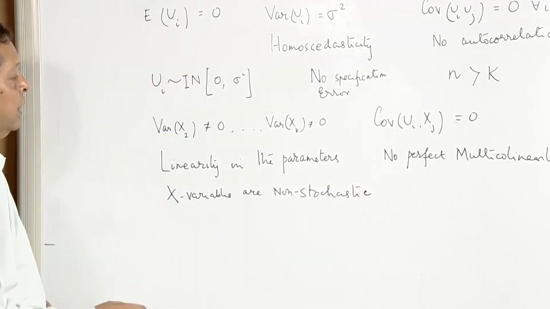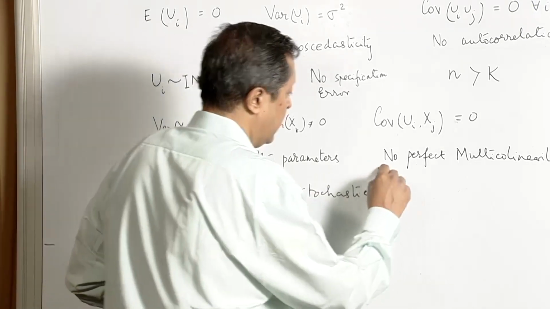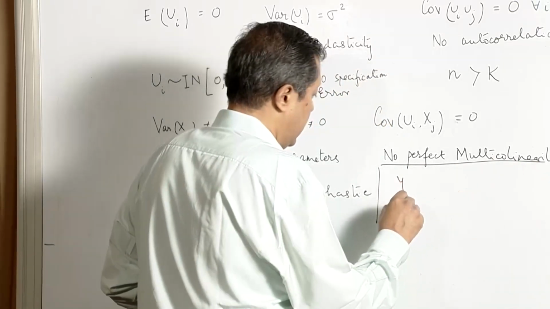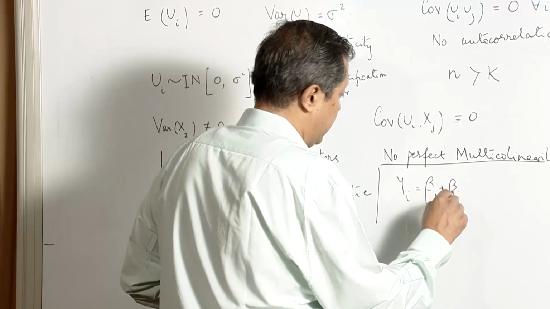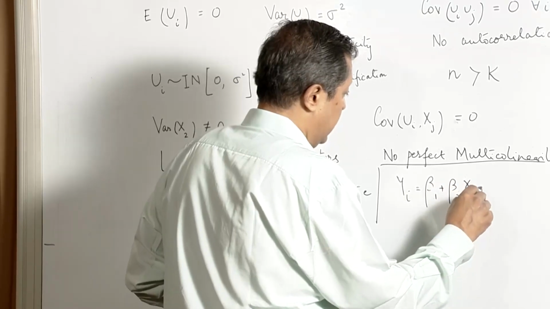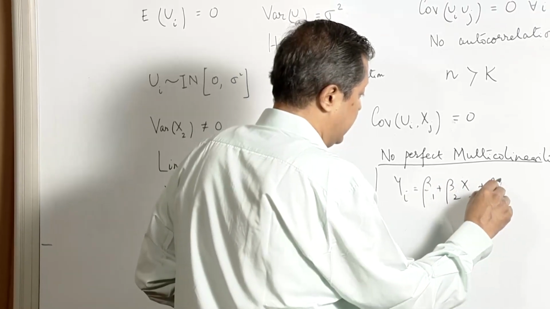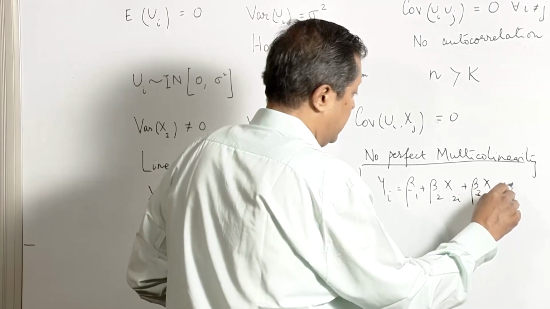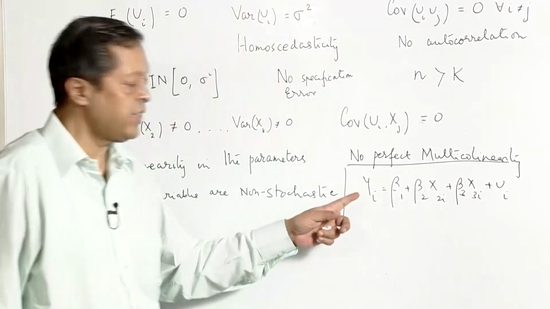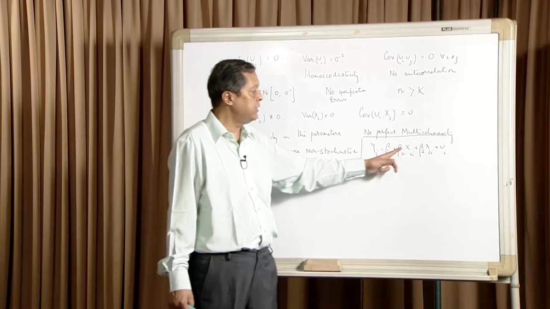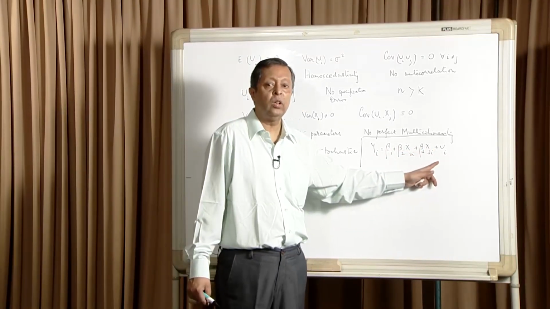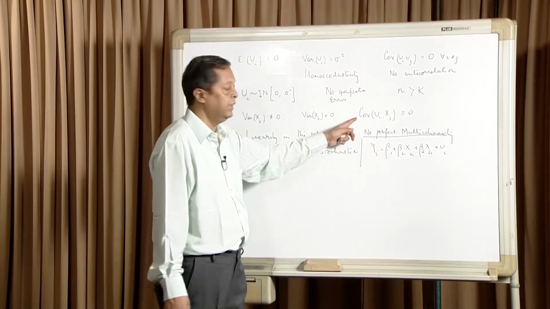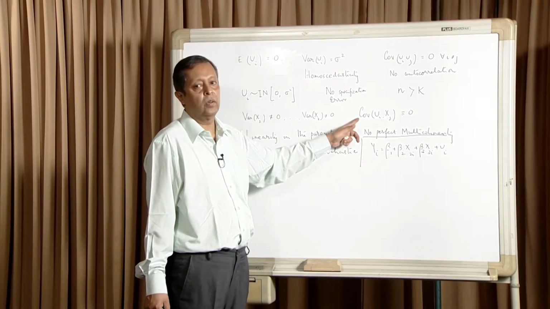That means, when we write y i equal to beta 1 plus beta 2 x 2 i plus beta 3 x 3 i plus u i, the stochasticity of y arises from the stochasticity of u. So, the x variables are non-stochastic, that automatically satisfies this condition.